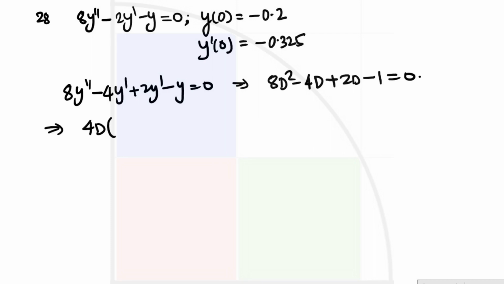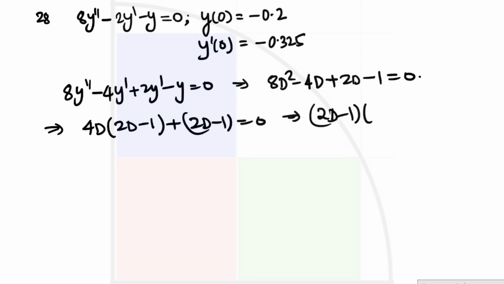This factors as (4D minus 2)(2D minus 1) plus (2D minus 1) is equal to 0, so (2D minus 1)(4D plus 1) is equal to 0. And therefore the roots of the auxiliary equation are 0.5 and minus 1/4.